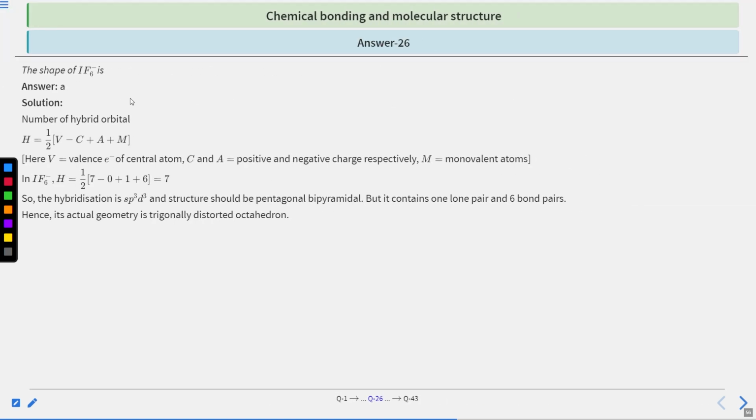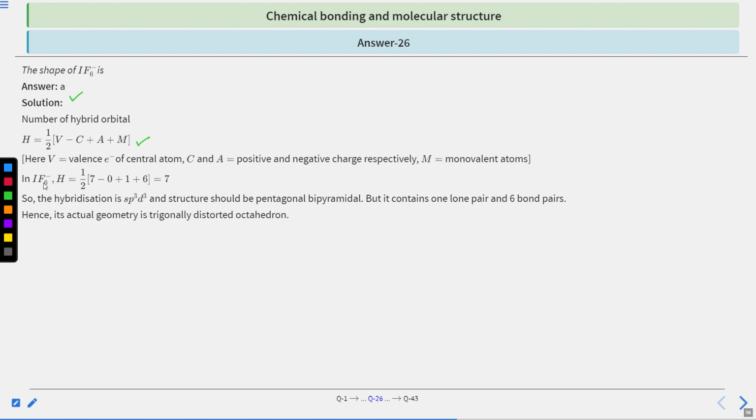Okay, so the correct option will be option A. The number of hybrid orbitals we can count by this formula, H equals half of V plus M minus C plus A, where V is the valence electrons of the central atom, C and A are the positive and negative charges respectively, and M is the number of monovalent atoms.